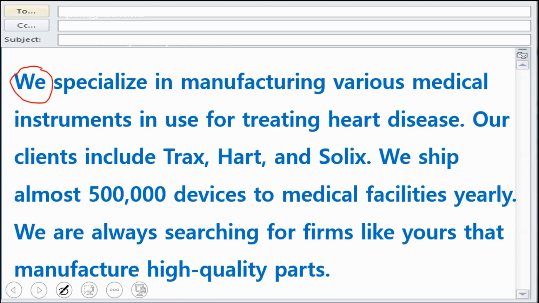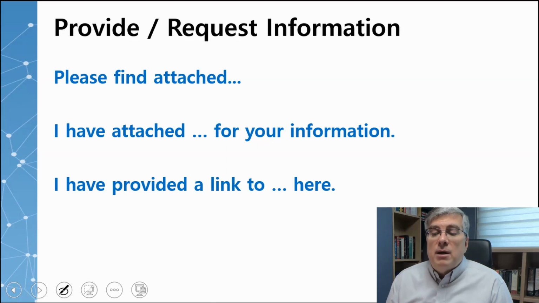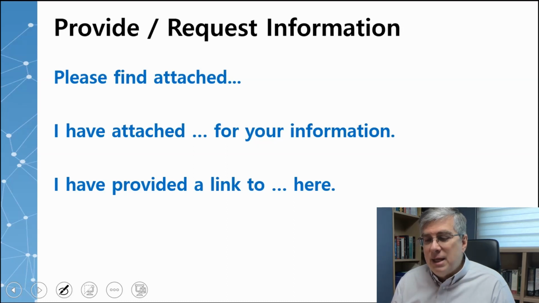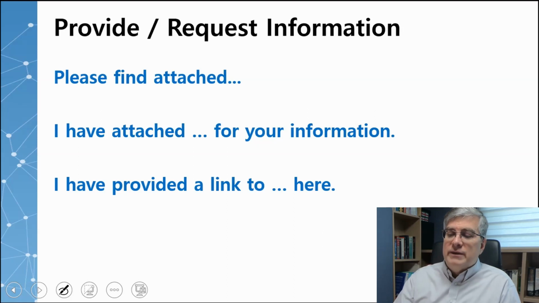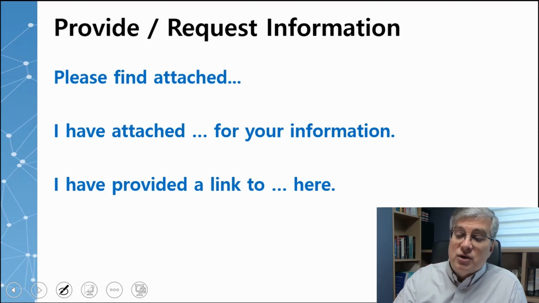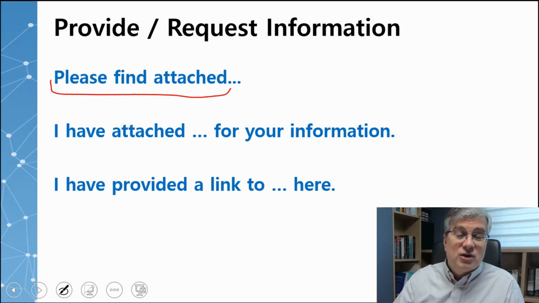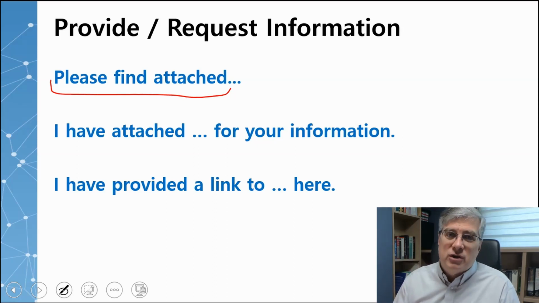Okay, so at the end of the email, maybe we want to provide some more information, or perhaps we want to request some information from them. So here are some different examples. Please find attached. Of course, we went over these types of expressions, especially in Unit 3 when we talked about collocations. There are many different expressions to use when you attach information to your email. This is the one I most commonly use.